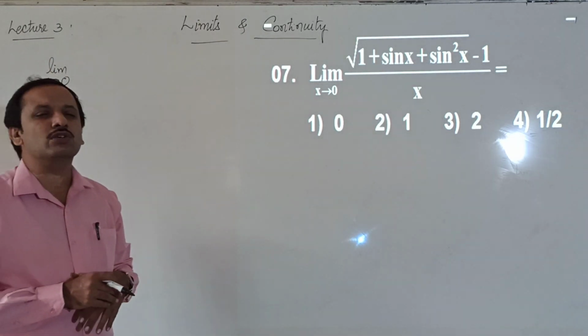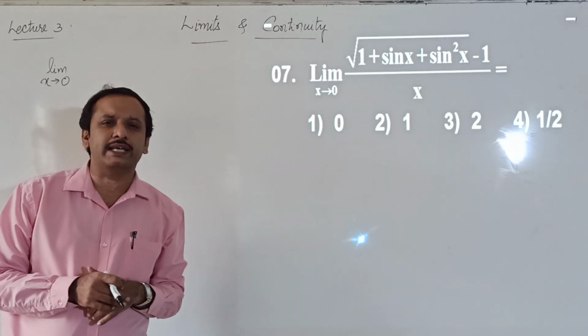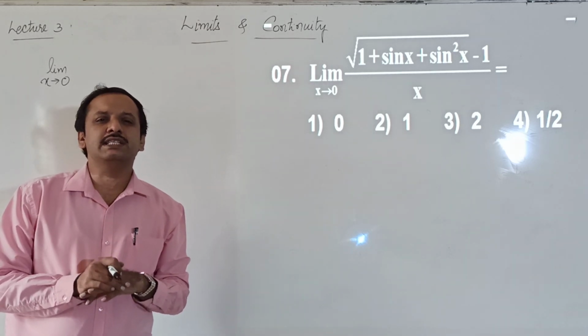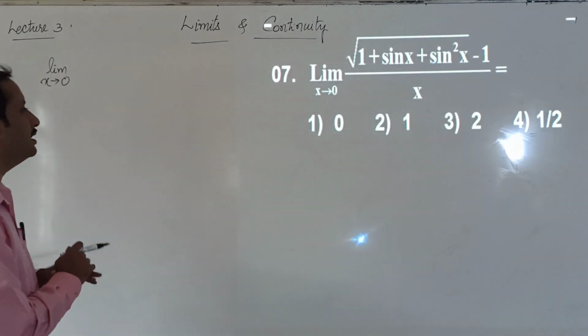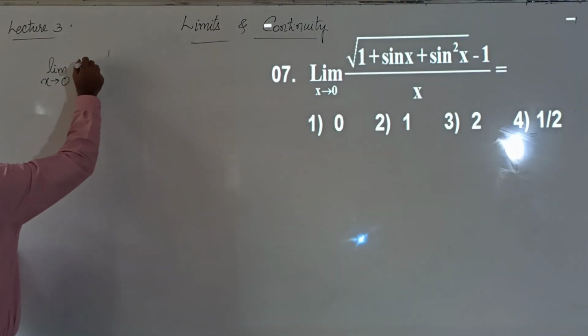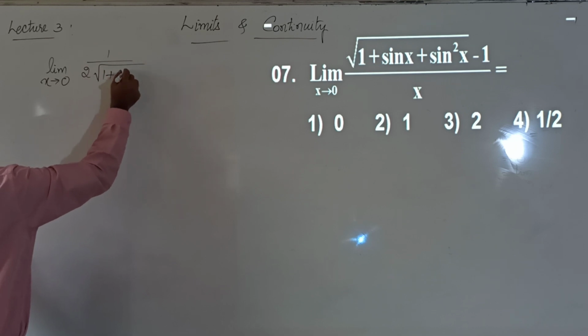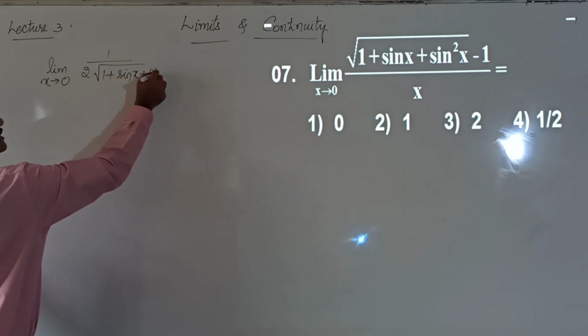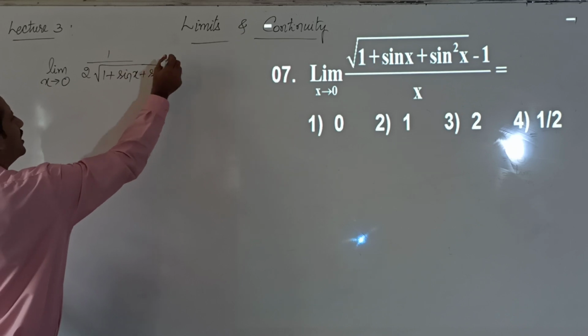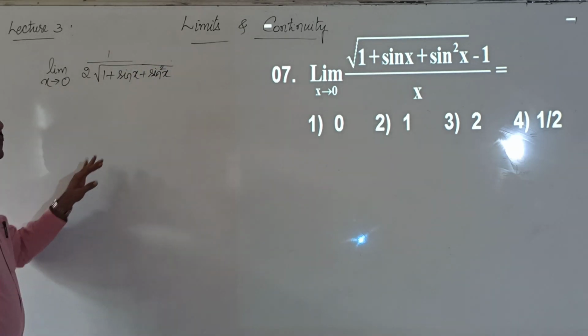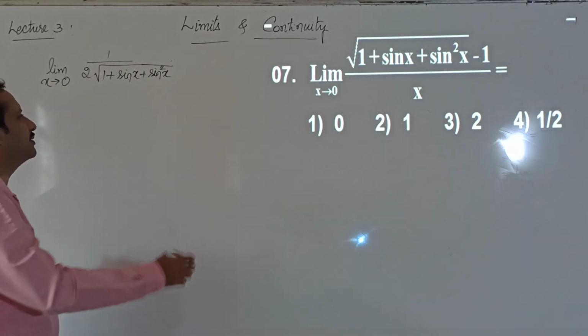So that numerator looks like root x. What is the derivative of root x? Derivative of root x is 1 by 2 root x. So the derivative of that expression is 1 by 2 root of (1 plus sin x plus sin square x) into the derivative of 1 plus sin x plus sin square x.